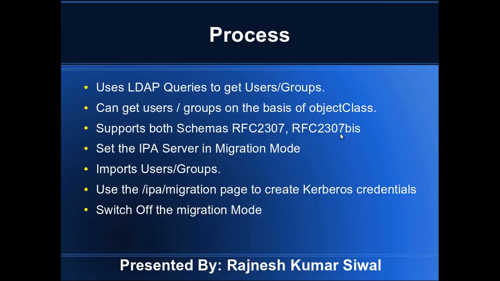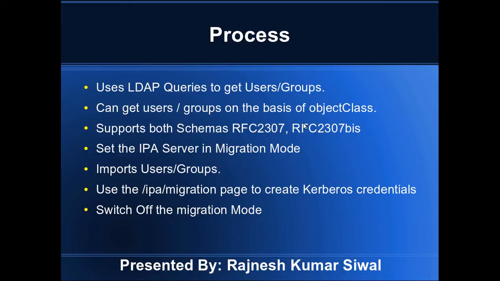In 2307 BIS, members of the group are identified by the uniqueMember attribute. So for IPA to understand the users that belong to a particular group, it needs to know which attribute defines the users of a particular group. We can use any of these schemas, and it can be specified at the time when we are migrating the users.